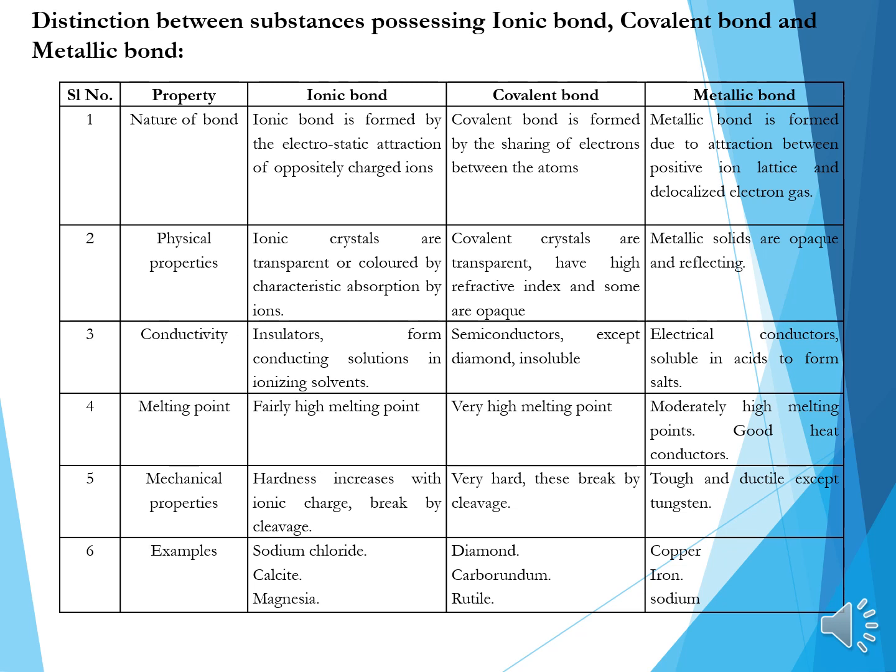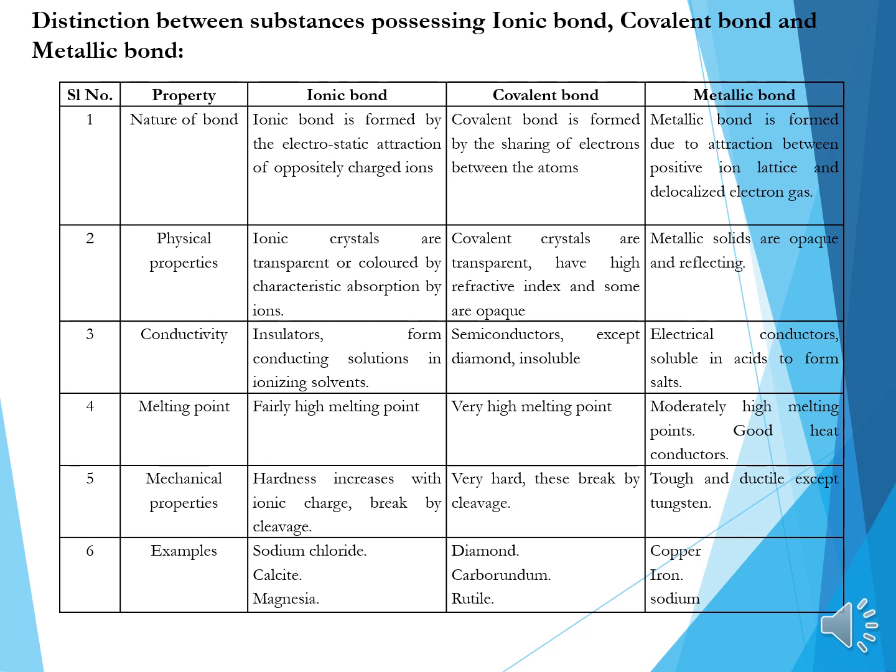Now let us see how the melting point differs in all these solids. Ionic solids have fairly high melting points. Covalent solids have very high melting points. However, metallic solids have moderately high melting points and they are good conductors of heat. Now let's come to the mechanical properties. In ionic solids, hardness increases with ionic charge, and they break by cleavage.